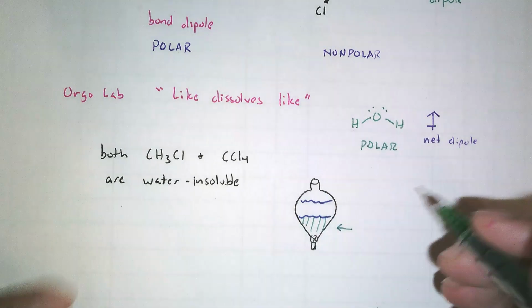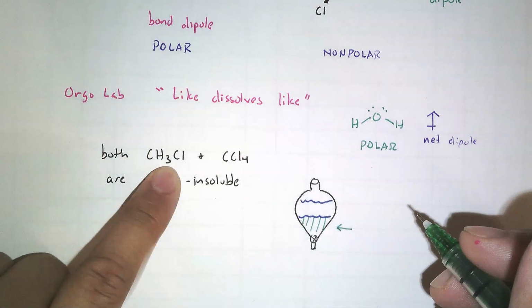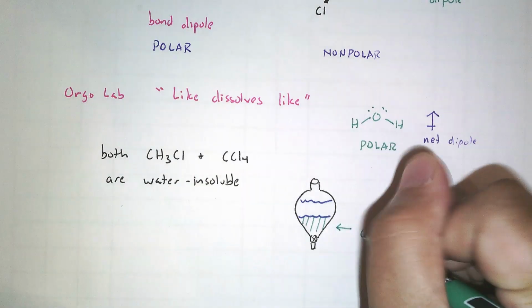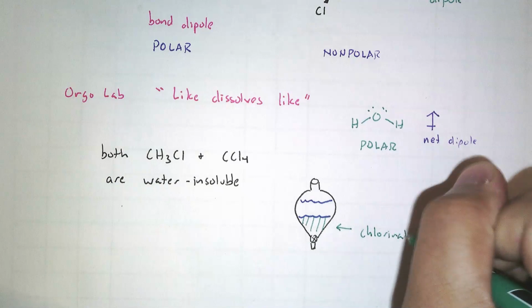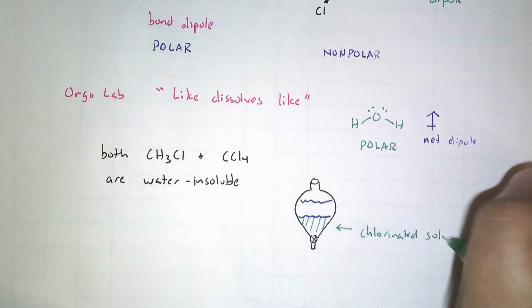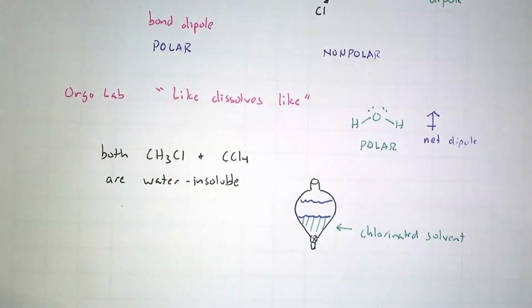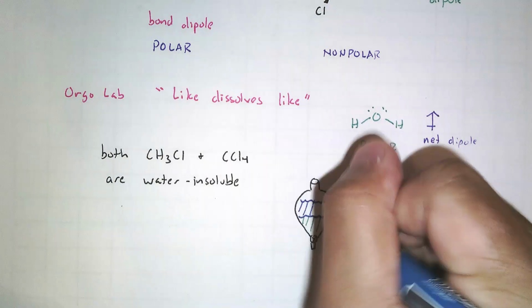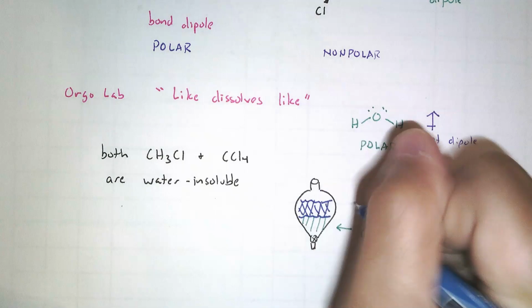So no matter if it's CH3Cl or CCl4, we'll just call this chlorinated solvents. That's going to be separate from, I'll use blue, separate from the water layer.